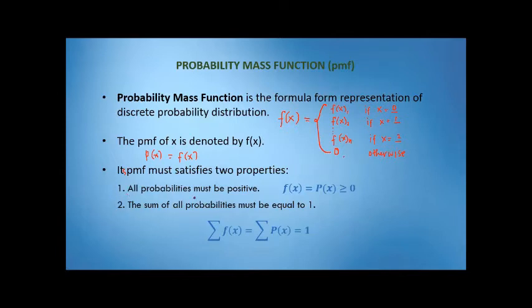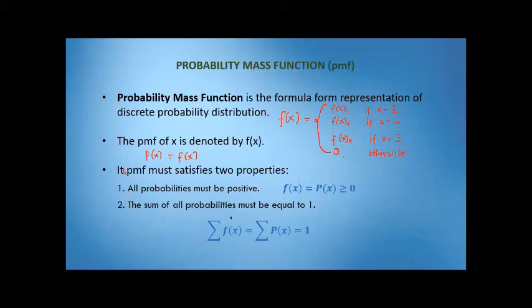So una, all the probabilities must be positive. So ito yung property 1, f of x, dahil pares lang siya ng p of x, p of x should be greater than or equal to 0. So, dapat positive. 'Di ba lahat naman na mas mataas sa 0 ay positive. So, inclusive pa rin siya sa 0 and 1.